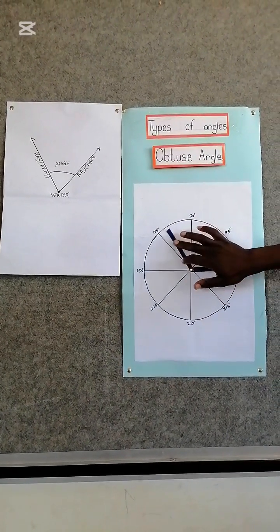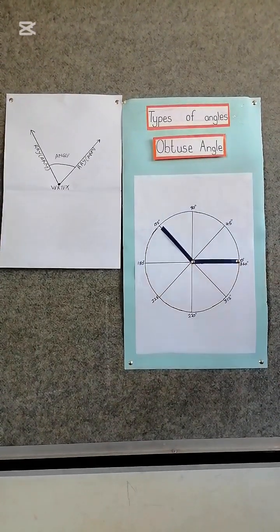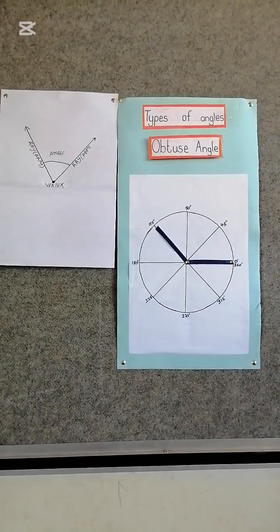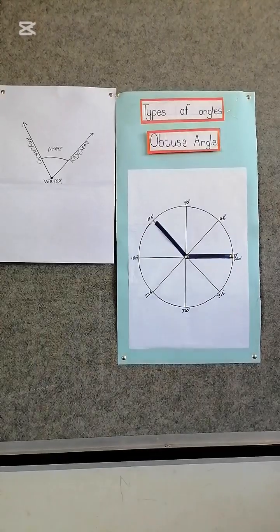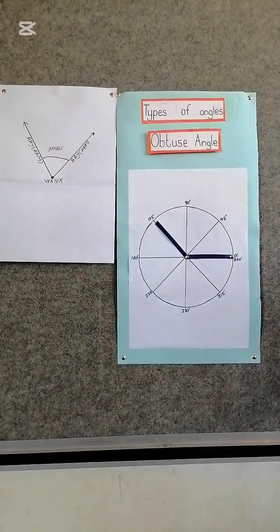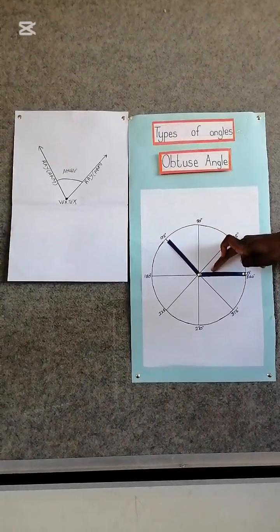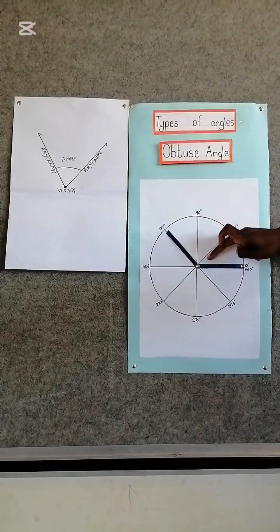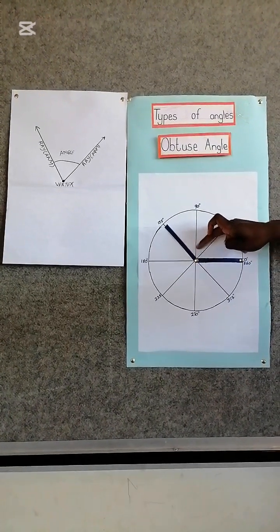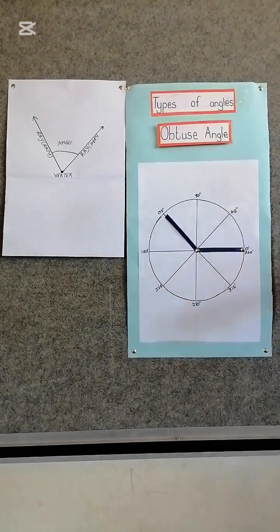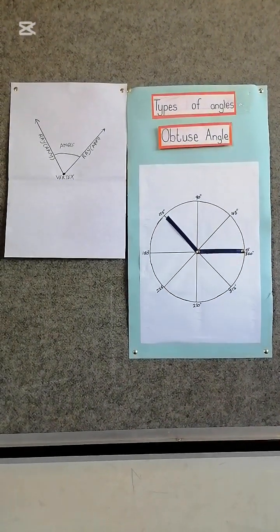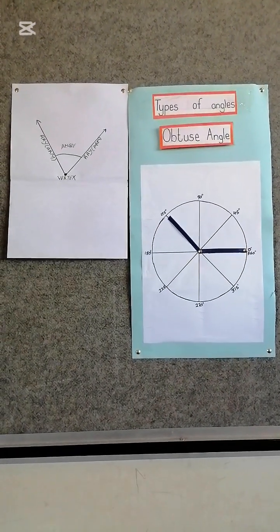So for you to be able to see that this one is an obtuse angle, I'll put it here so that you will be able to see it very well. Don't forget, this is the part where we are measuring our angle. Here is our angle. So when it is like this, it's an obtuse angle.